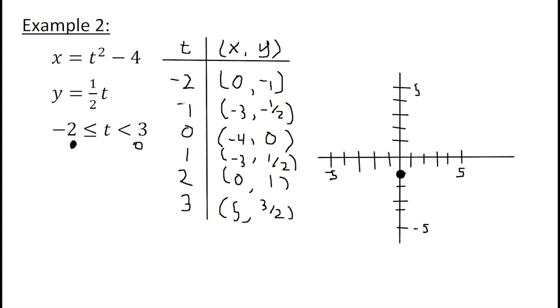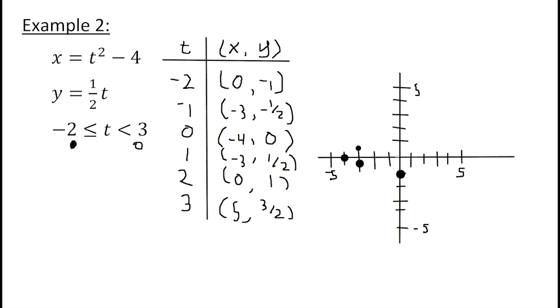When time is -1, we're at -3, comma, -1/2, so that'd be roughly here. When time is 0, we're at -4, 0. At time equals 1, we're at -3, comma, +1/2. So you can kind of see this sideways parabola starting to be generated here.